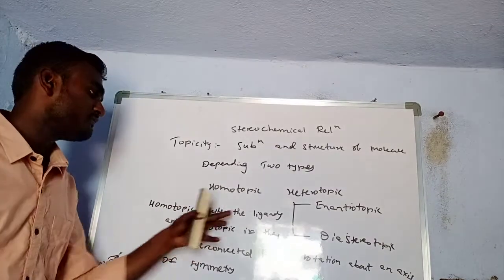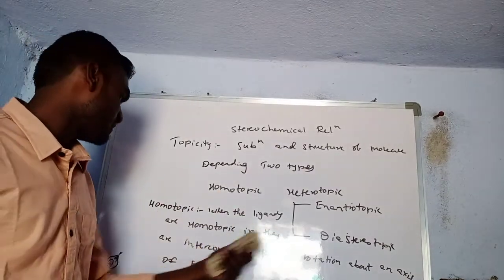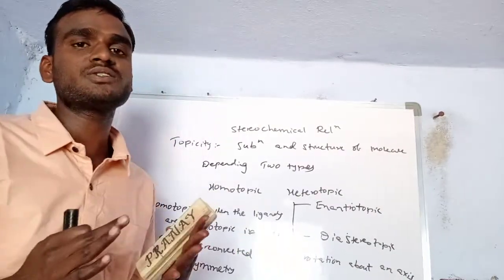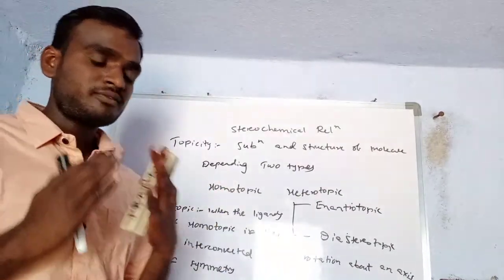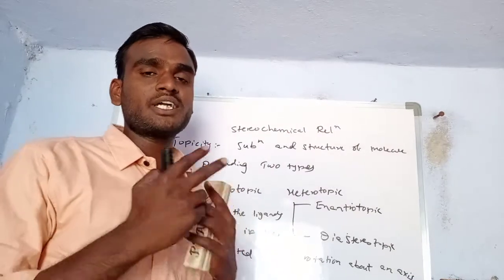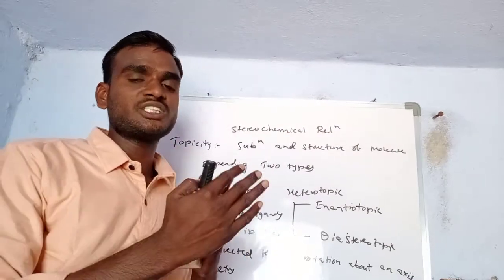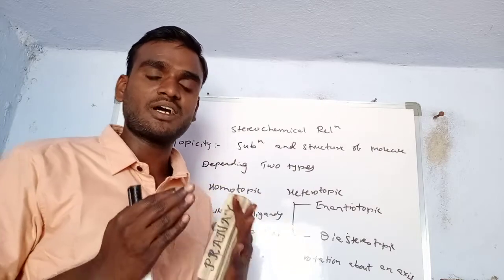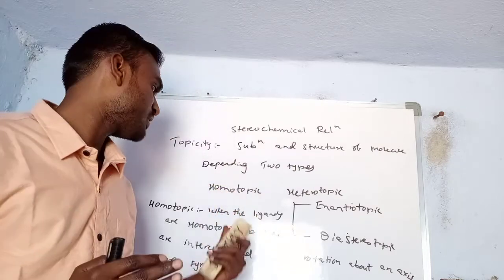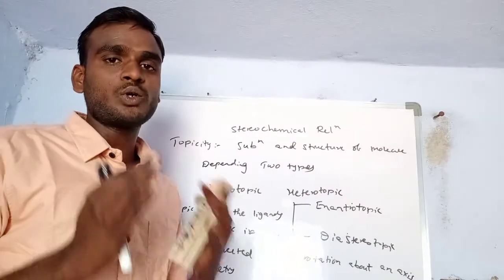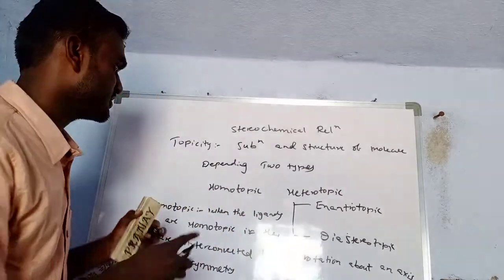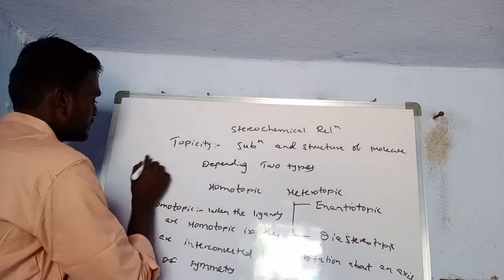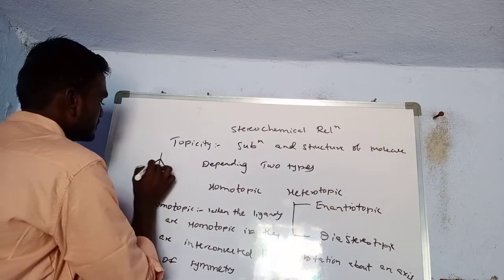Whenever the axis is passing, they can be interchanged with each other and the structure of the molecule remains unchanged, then those types of groups are known as homotopic groups. Okay, let's see, for example, if you are taking a molecule, it will be like this.